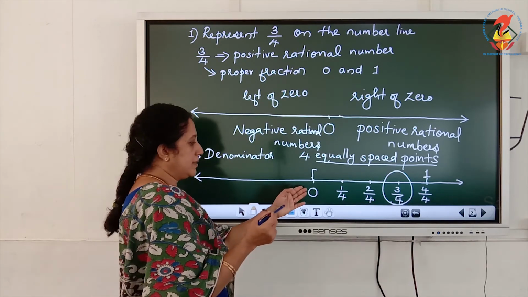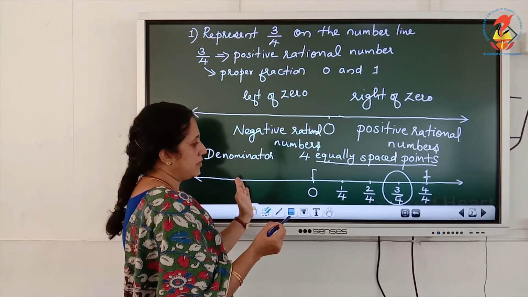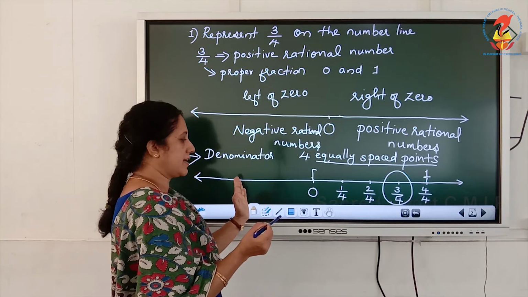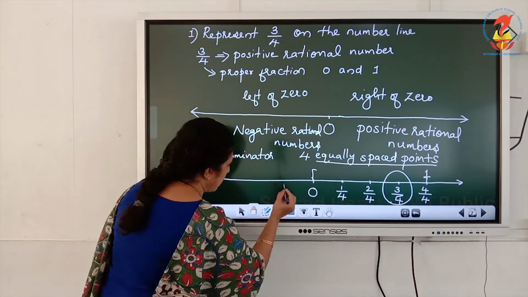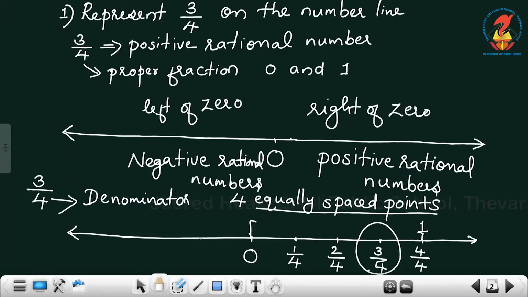Then if you mark the points to the left of 0, what will you get? Negative rational numbers. For example, if I put 4 equally spaced points to the left of 0 also, 1, 2, 3, 4, then the first point we can take as negative 1 by 4.